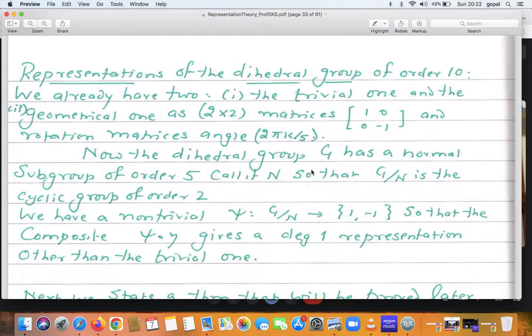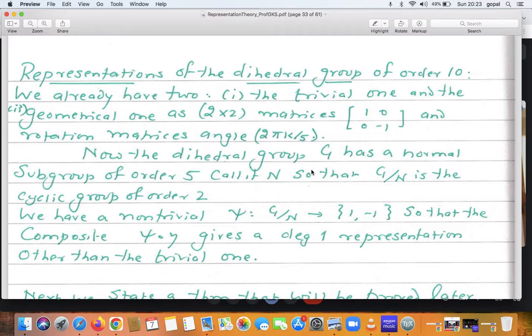Now let's come to the representations of the dihedral group of order 10. We already have two representations, the trivial one and the geometrical one, described in terms of 2 by 2 matrices. So we already have one representation of degree 1 and one of degree 2. Now the dihedral group has a normal subgroup of order 5. Call this normal subgroup N, so that G mod N is a cyclic group of order 2.